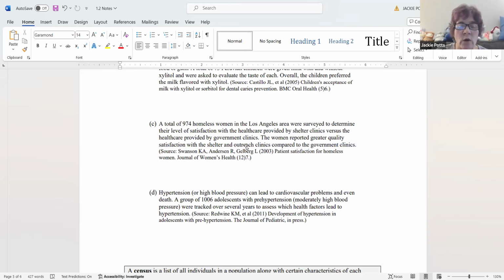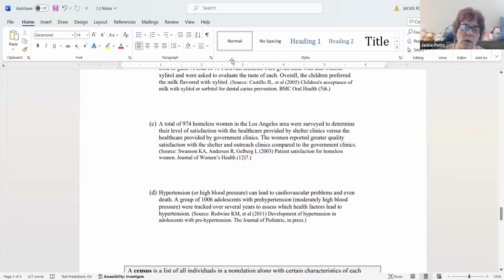The women reported greater quality satisfaction. Do you think this is observational or designed? What do you think? It's observational because did we force them or tweak any of the care they received at either clinic? No, it's just tell us what you feel like. All right. So it is observational.